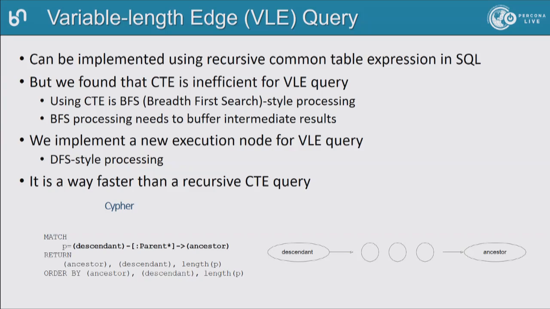The CTE approach is a breadth-first search approach, which needs to buffer all intermediate results in memory. So, to improve the performance, we implemented a new node for this, which performs depth-first style processing and needs no buffering.